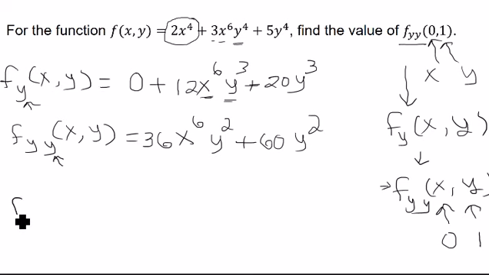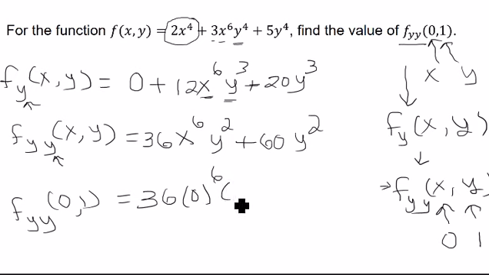So f sub y, y of 0 comma 1 equals 36 is going to stay back, and x is 0 to the power 6, and y is 1 to the power 2, plus the second term is 60, and then 1 because y is 1 to the power 2.